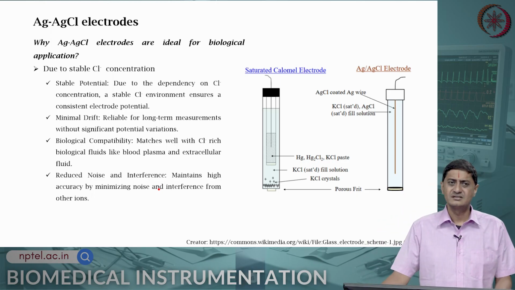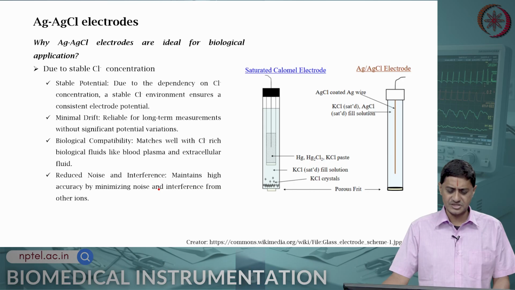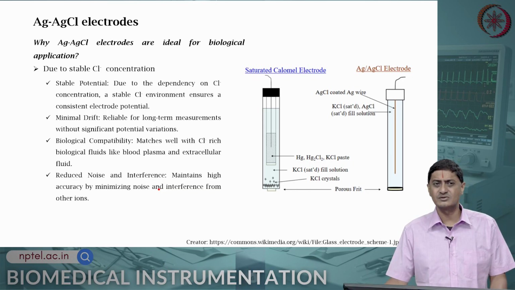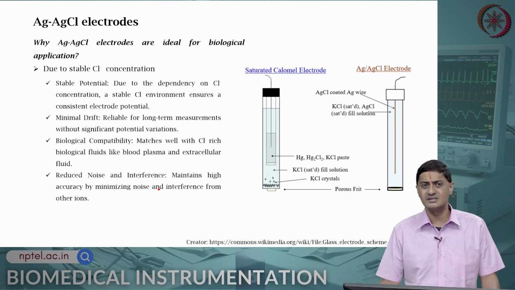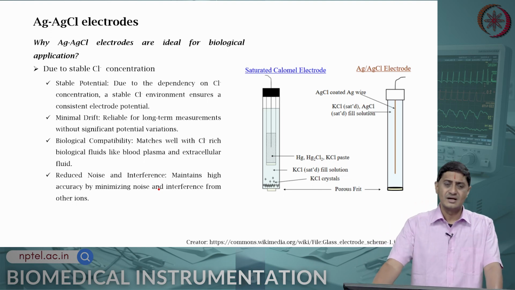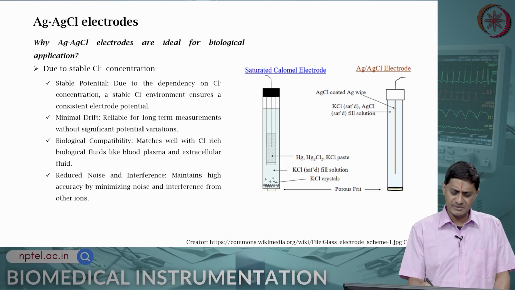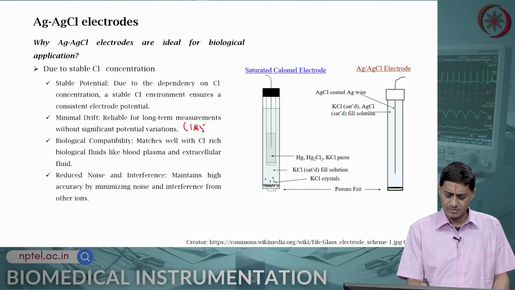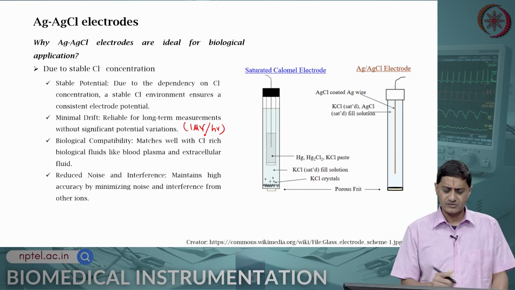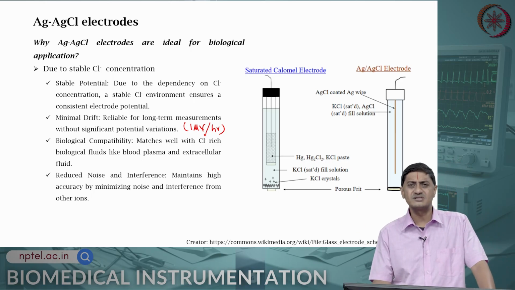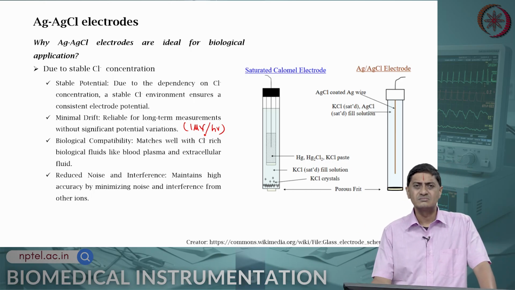Because of that, there is a stable potential, because of the dependency on chloride concentration, because chloride concentration is usually stable in the biological system, and the drift is relatively low, minimal drift. I already mentioned this is about 1 microvolt per hour. So, it is very reliable for long term measurements without significant potential variations. The potential will not change by a lot.